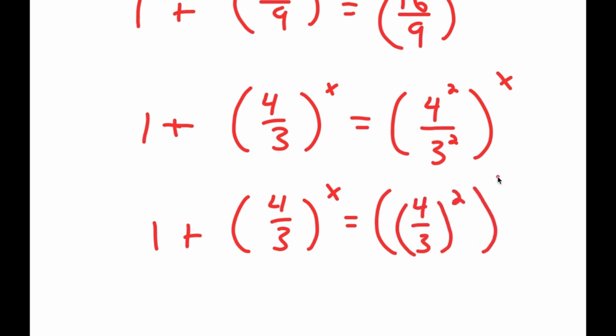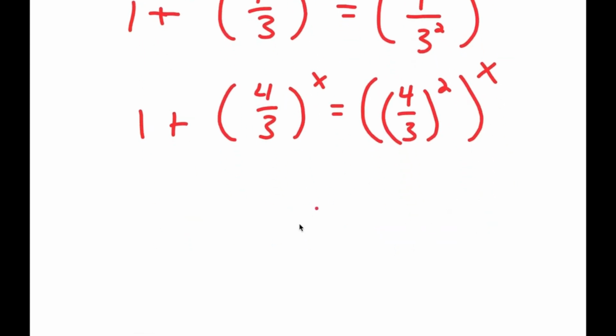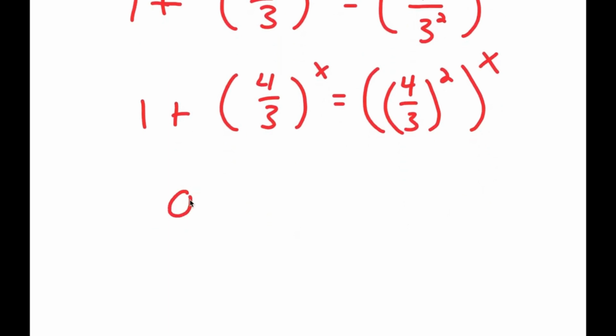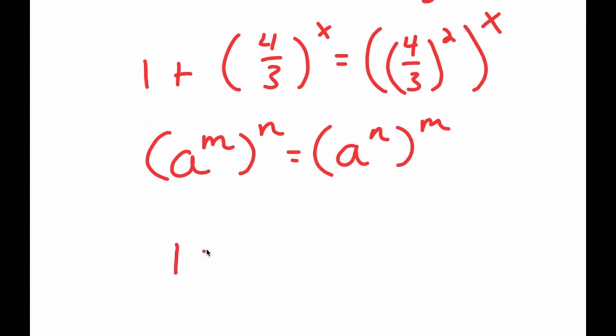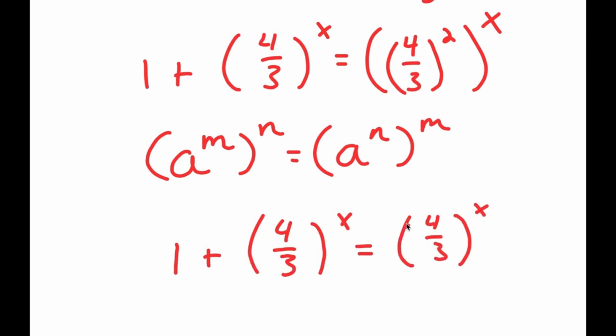And now I have this to the power of x. Now, if I have something in the form a to the power of m to the power of n, this is equal to a to the power of n to the power of m. So 4 over 3 to the power of 2 to the power of x, I can rewrite that as 4 over 3 to the power of x to the power of 2.